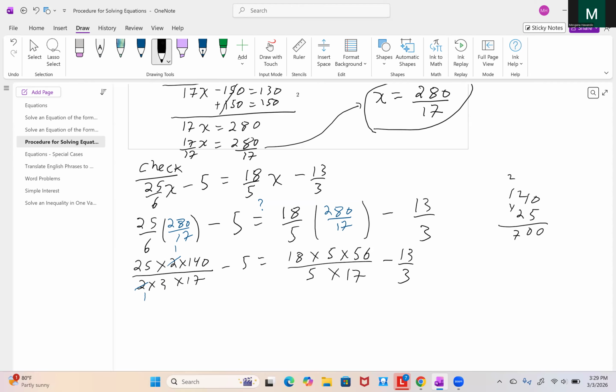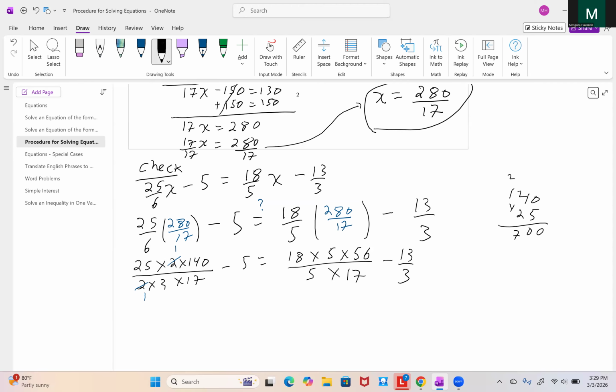Over here, the 5 cancel. And we have 18 times 56. It's 48, carry over 4, 10. This is 40, 0, carry over 4, 9, 8, 0, 1008.